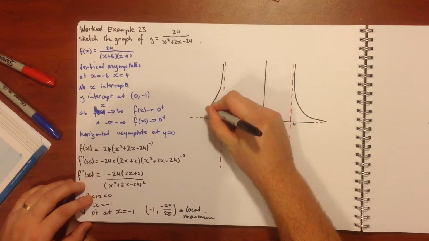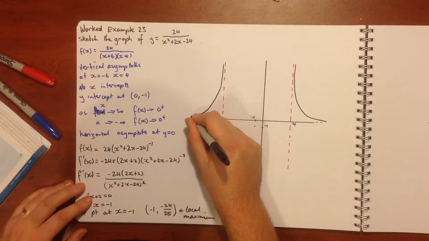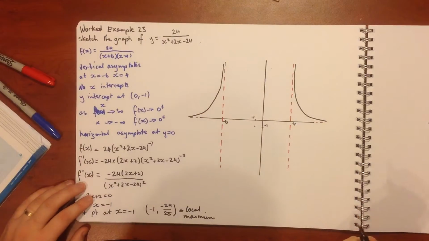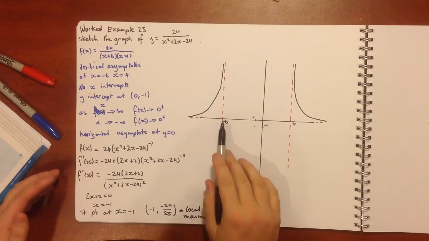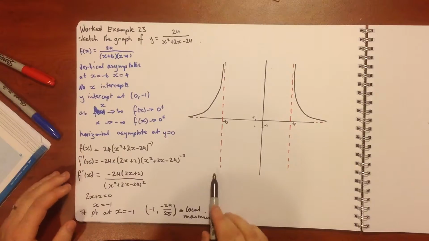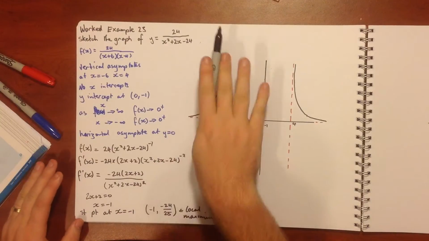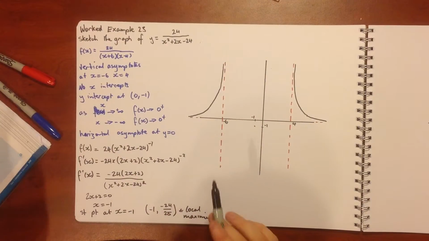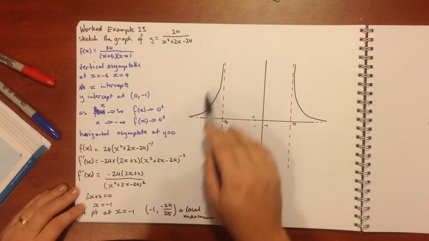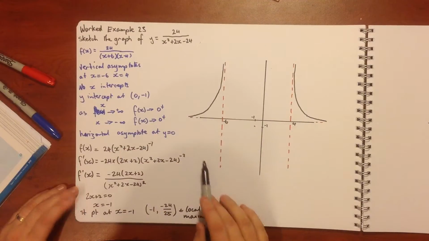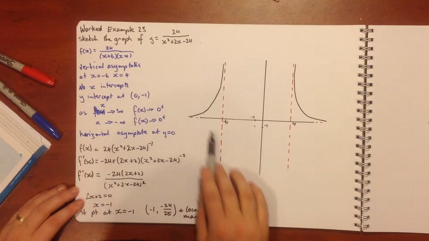Now if you have trouble working out what the shape is going to be, you can always pick some other points and sub them in. If you're not sure if it's going this way or this way, we know we're going to approach the asymptote, and we're coming from this way because it was from positive, and we don't have any x-intercept, so it doesn't go this way.